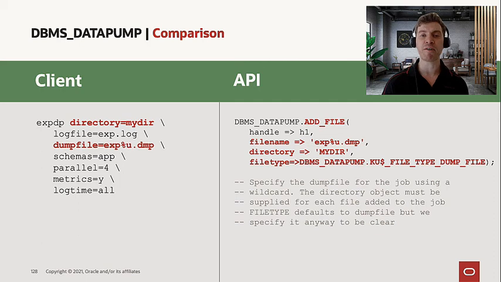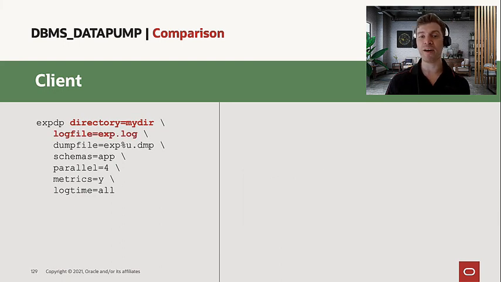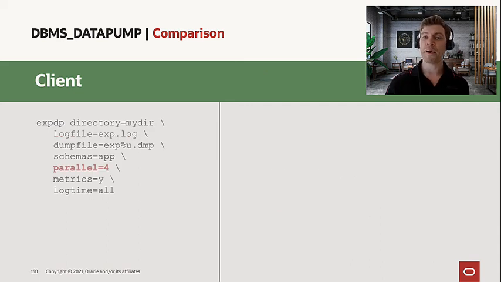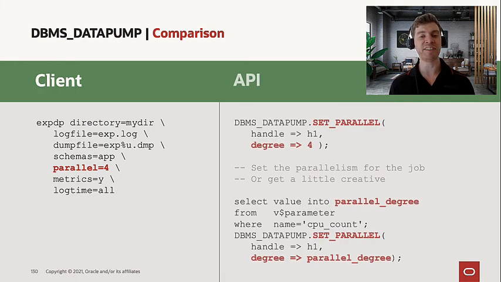And here in file type, you see that we are adding a file type dump file, meaning we are adding a new dump file to this process. The same applies for the log file, but the file type here for the log file is file type log file. What about parallelism? You can use the set parallel procedure from the DBMS Datapump API. So for set parallel here, we put degree equal to 4, the same value we put on the command line. But this is one of the advantages we have when we run this from inside the database.